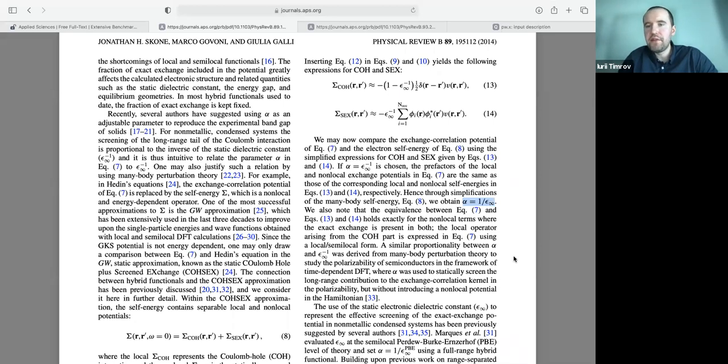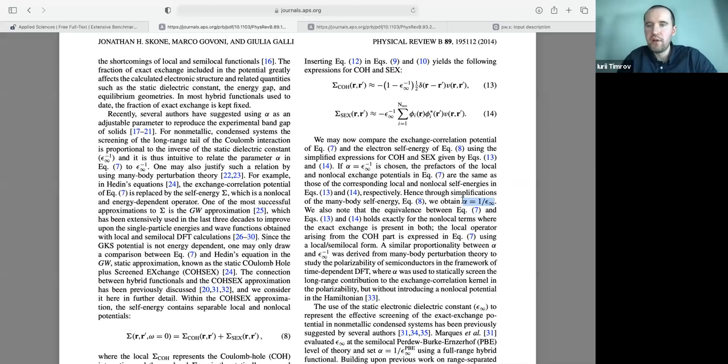In different solids, the dielectric constant is different, but using a global value of 0.25 is not always working well for all solids. For those solids where 1/epsilon is close to 0.25, it should give quite good results. But for other solids where 1/epsilon infinity is quite far away from 0.25, standard hybrids most likely will not give satisfactory results.